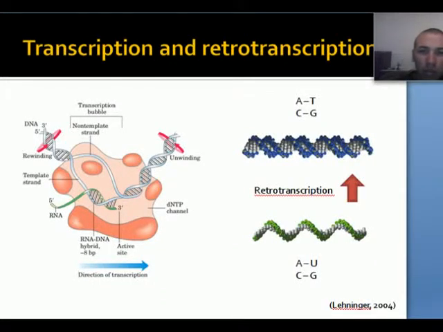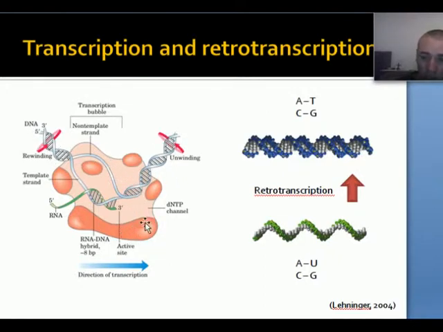Going a bit deeper into transcription and retrotranscription, if we remember the course of the last week, transcription is the process to read DNA by RNA polymerase. We have here the DNA.